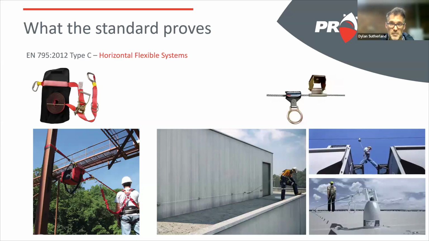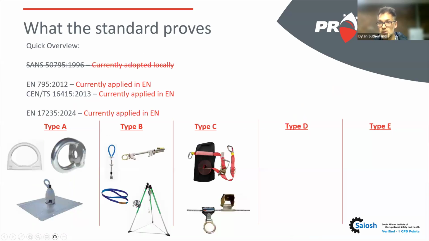If I'm connected to a type B, same story, most of the time. Type C, however, gives you a line, and that line will allow you to travel up and down, still with your 2-meter movement, or whatever connector you're using. And this allows for a more mobile person. So if I'm doing a task that requires me there and then later there, we consider a more flexible horizontal system. So that's your type Cs.